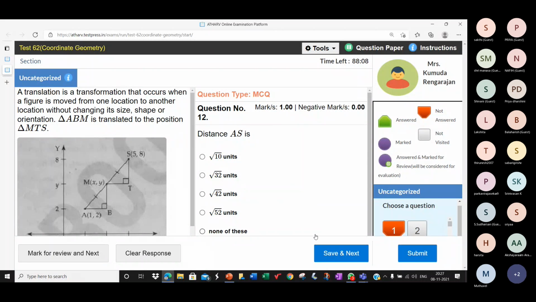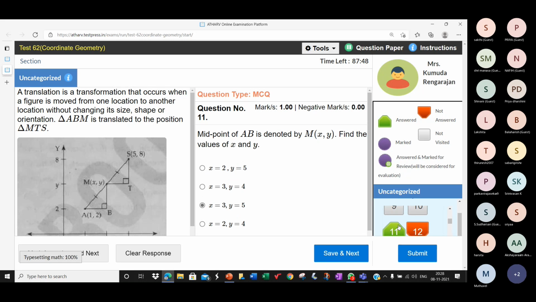No, the earlier question, there was a mistake then. It was given midpoint of A, B, right?